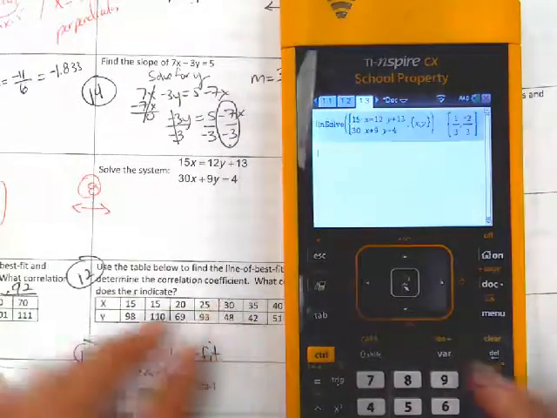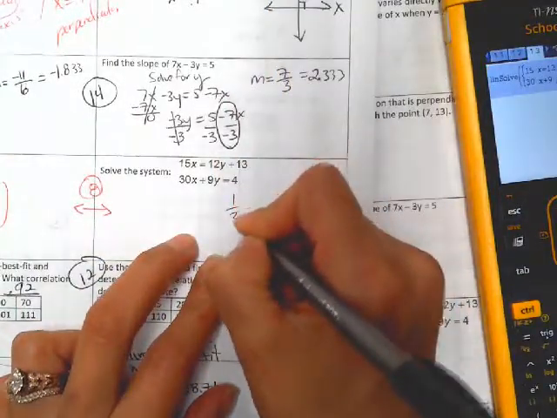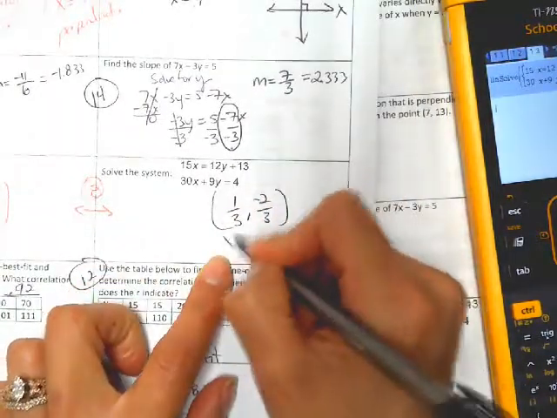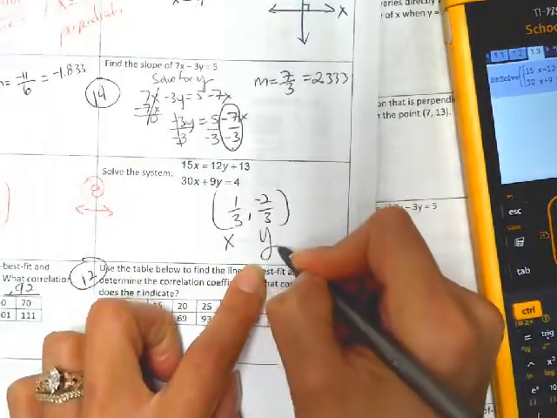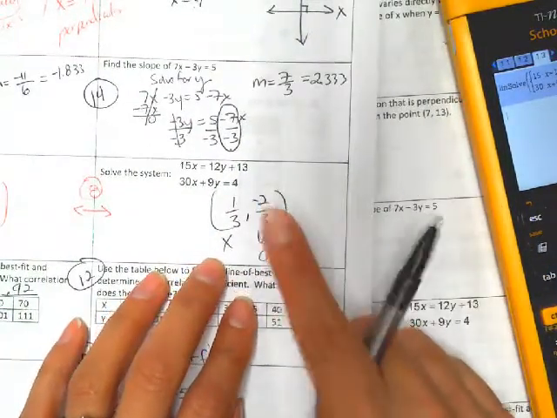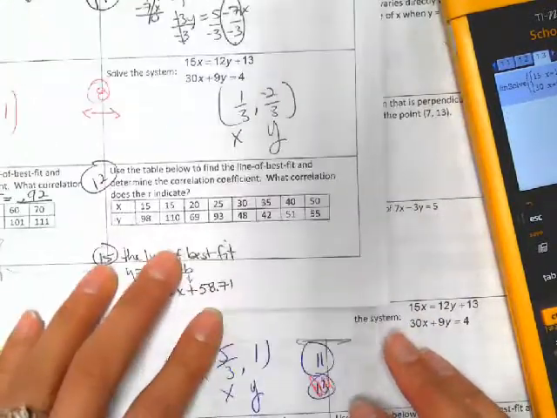Enter. Okay, so that's my answer, 1/3 and negative 2/3. In case they might only ask me for the x, this would be my answer, or they might only ask me for the y. If this was a graph, then they would intersect at that point. This is one solution because it's only 1 point.